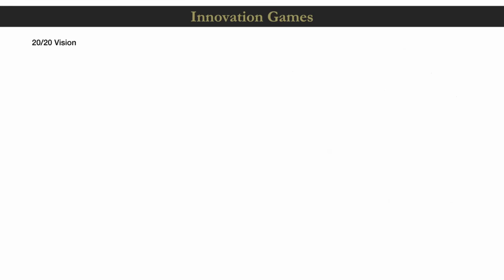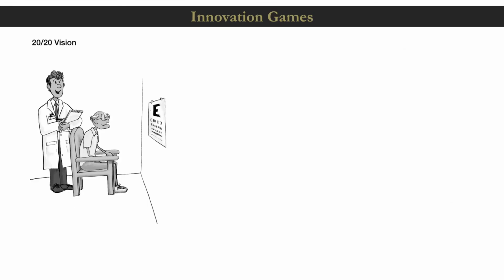Here's another innovation game that talks about 20/20 vision. You've all gone to or know someone who has needed glasses, and the glasses help you get that 20/20 vision, right? It's based on the same concept where we sit with the customer and create a couple of sections on the wall, and anything above that line is a high priority area.